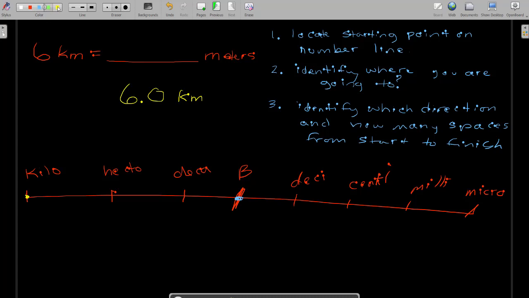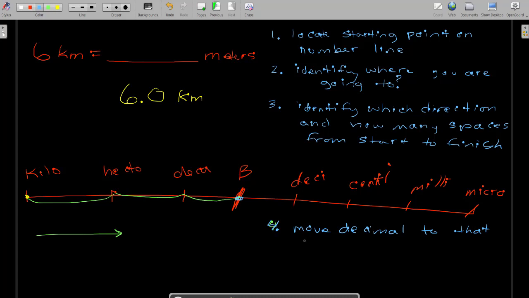So in this case, I am starting at kilo and going to the right, 1, 2, 3 spaces to the right. And step 4 is move the decimal in that direction that number of spaces.